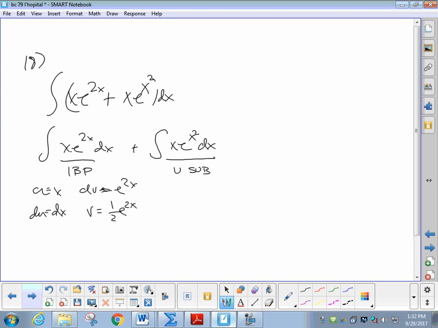Yes, sir. Just for integration by parts, if they're balanced, do you still plug that into the u? You do the antiderivative, so you don't change the limits. You don't change the limits on integration by parts.